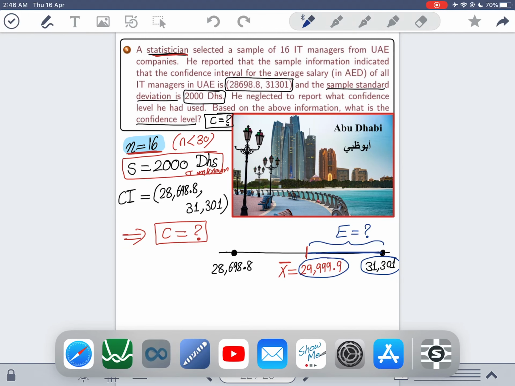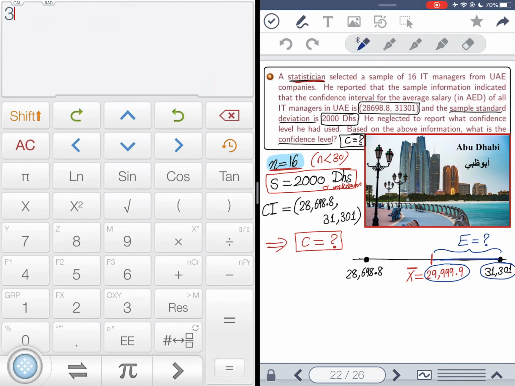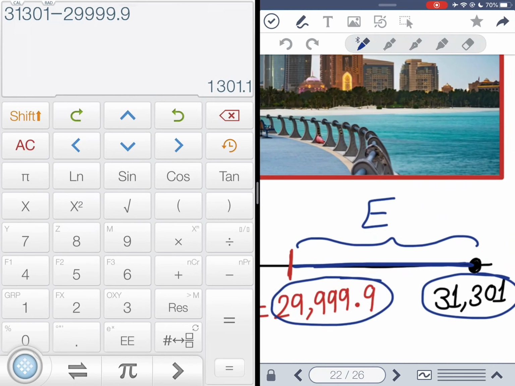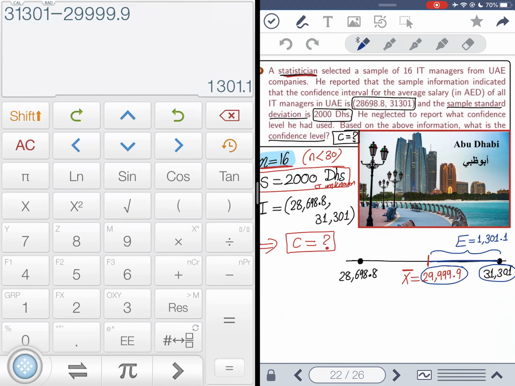So we'll go back to the calculator now, and we will do 31,301 minus 29,999.9 equals. So the margin of error is, let's write it here, 1,301.1. Okay, great. So now we have the margin of error.